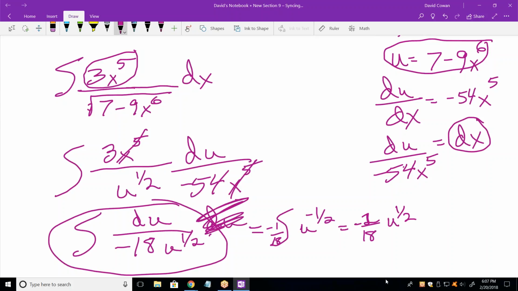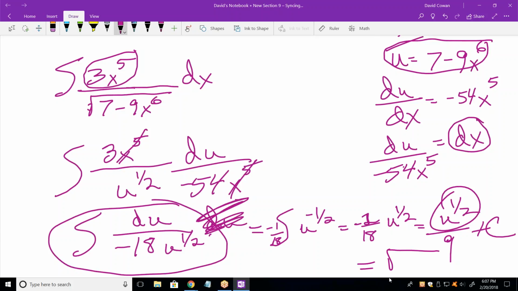I think I did that right. It's been a little bit of time since I've done calculus, but plus c, and then u, we know what that is. So when I go to put the whole thing back into a function of x, there's your answer.